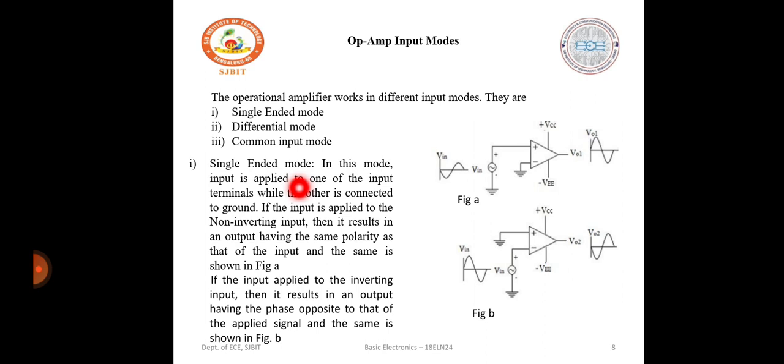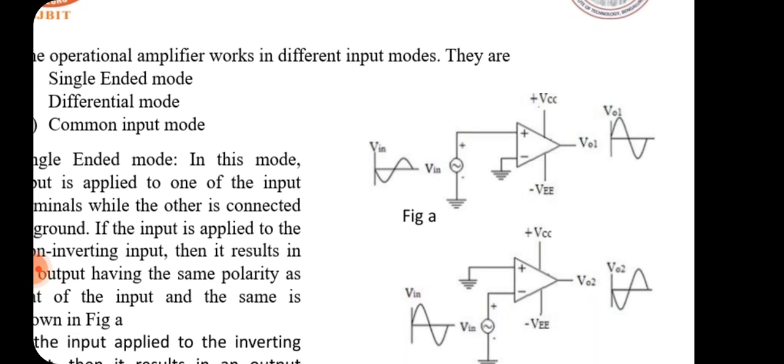When we come to the single-ended mode, we can have a look here. In the single-ended mode, we have the operational amplifier where my Vin is given to the non-inverting terminal of the input, and my inverting terminal is grounded.